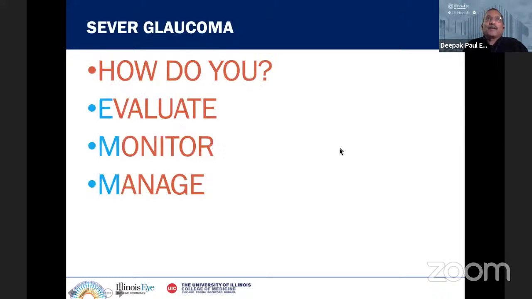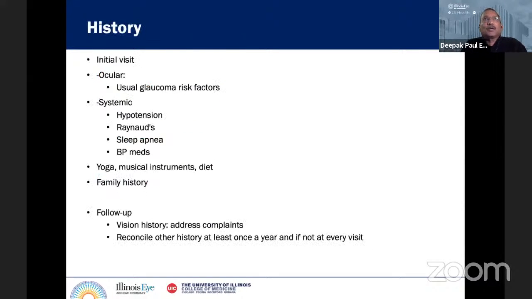So how do you evaluate, how do you monitor, and how do you manage these patients? On an initial visit, you evaluate the patient, asking histories for the usual glaucoma risk factors. I think you need to become a real doctor here also and look for other risk factors, especially in patients who have maybe normal pressure glaucoma.